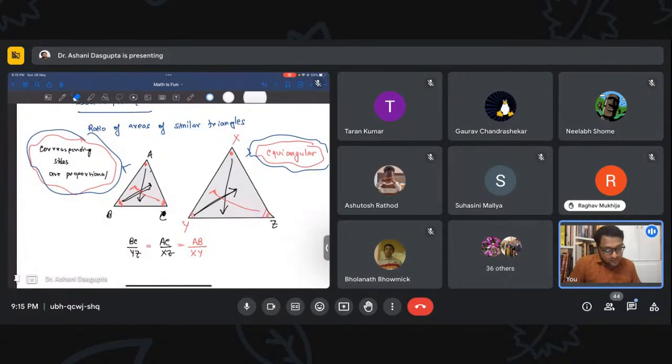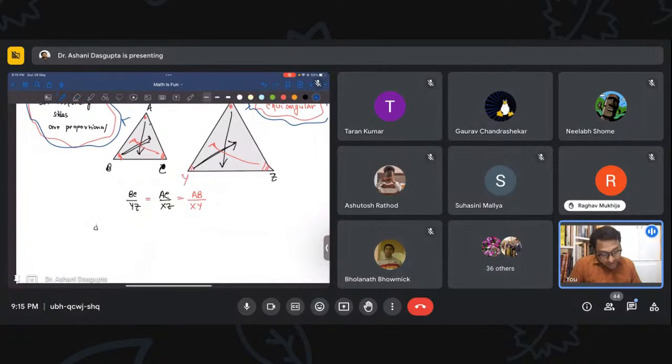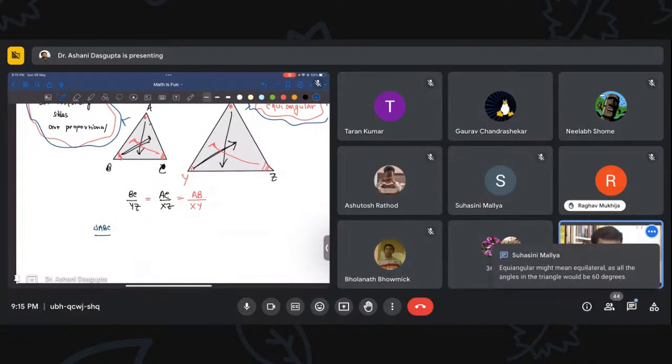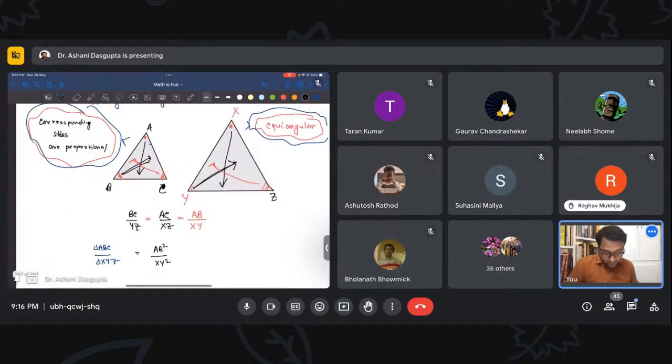The question comes: what is the ratio of areas of triangle ABC to triangle XYZ? As Taran was rightly pointing out, the ratio of areas is the square of the ratio of corresponding sides.